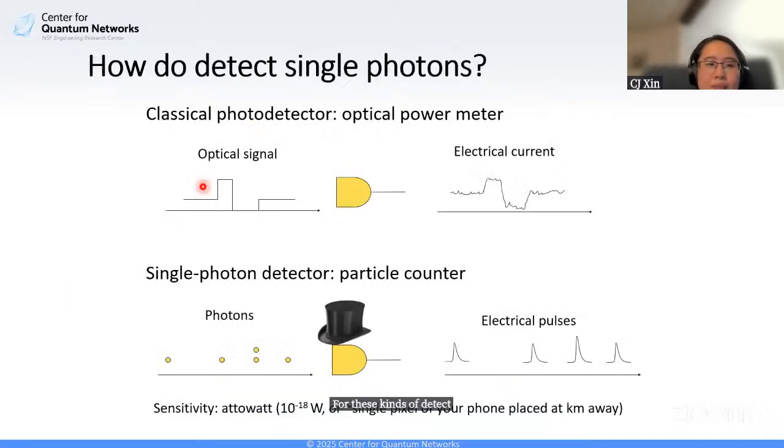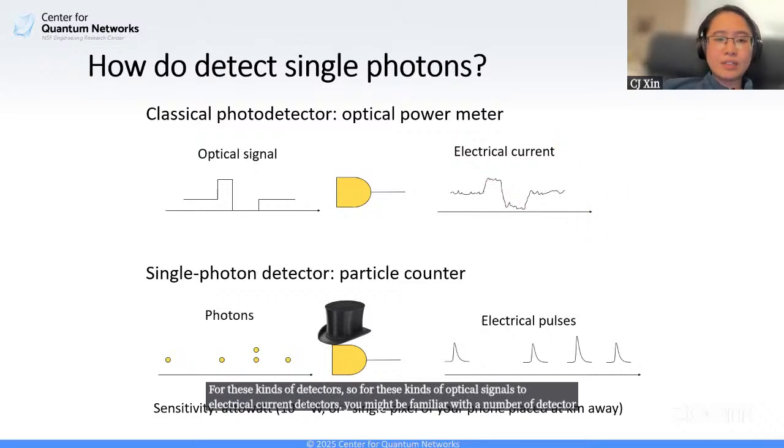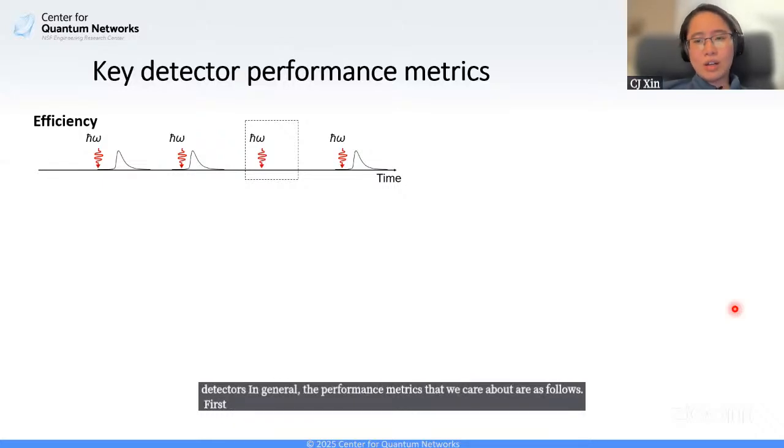So for these kinds of optical signal to electrical current detectors, you might be familiar with a number of detector figures of merit. But for these counting type of detectors, in general, the performance metrics that we care about are as follows. First, we care about efficiency. How often do we lose a photon?